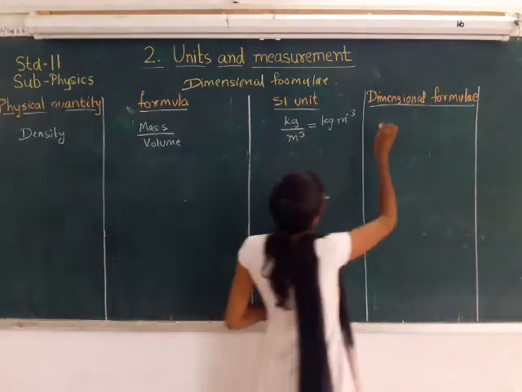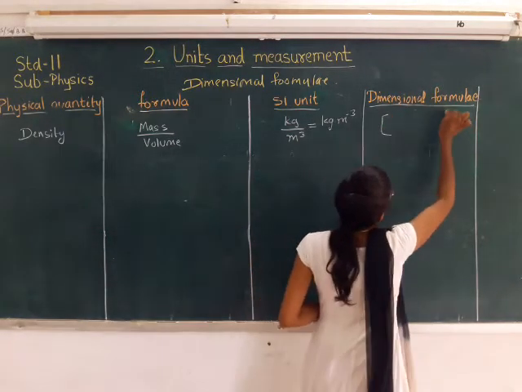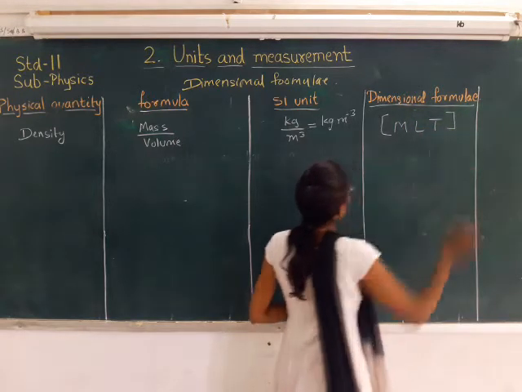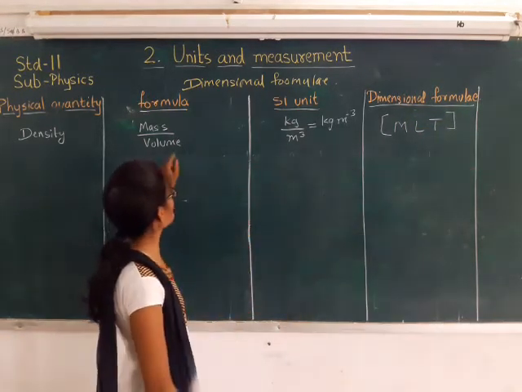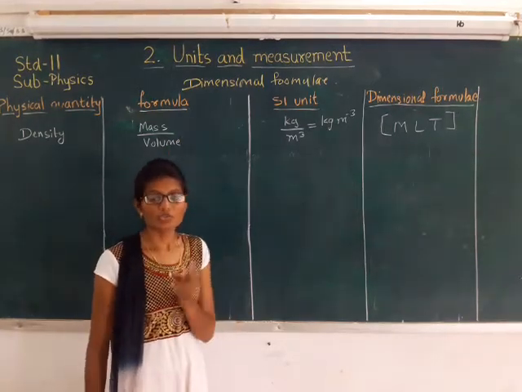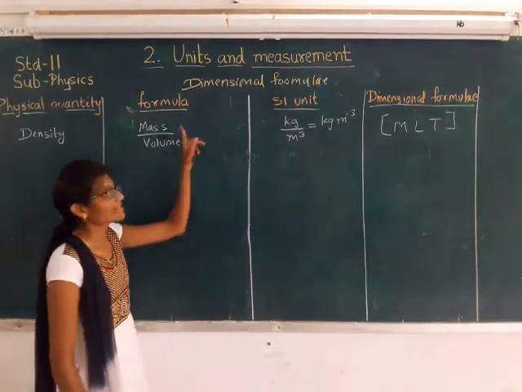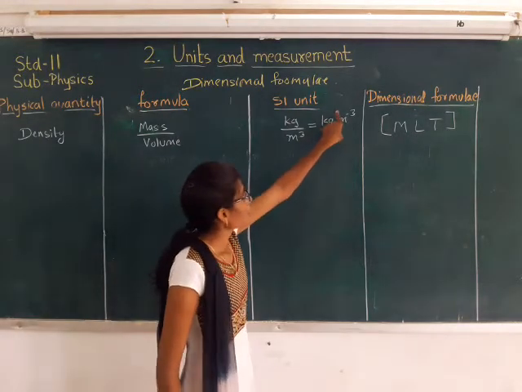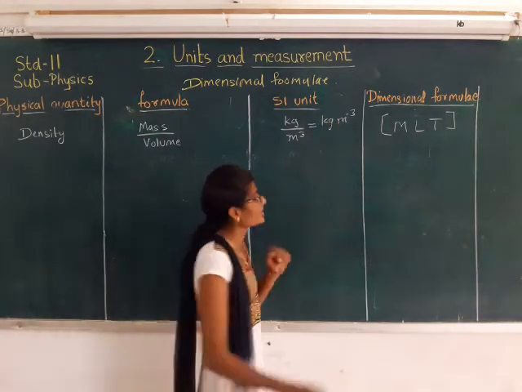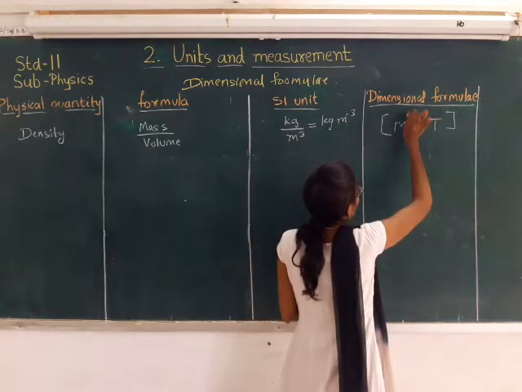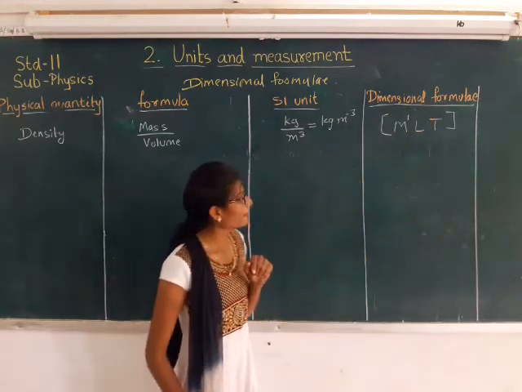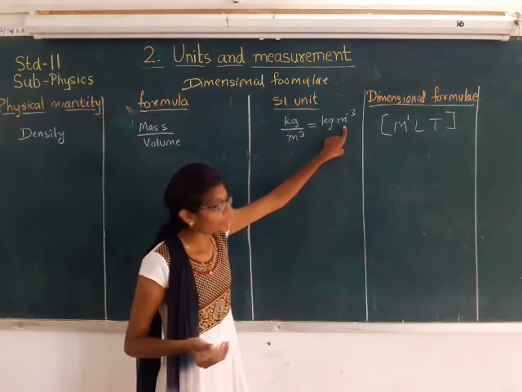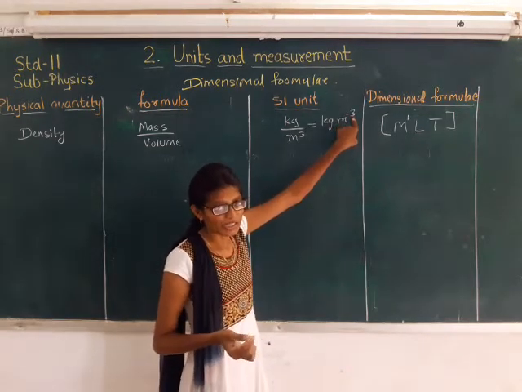So its dimensional formula can be written as, first of all let us write M, L and T. See, here we have used two fundamental physical quantities, that is the mass and the length, right? Here the power of the kg is 1. So we can write 1 on M. This meter, which is the unit of length, its power is minus 3.